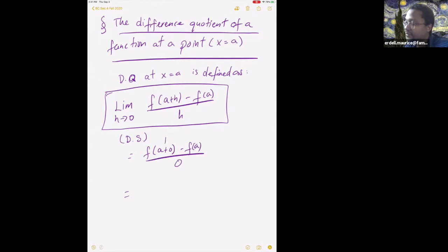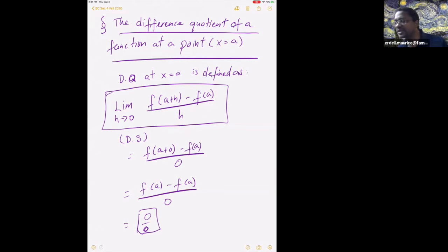And a plus 0 right here is simply a. And of course, this breaks down to 0 over 0. So the difference quotient, just by its definition, is designed to be an indeterminate form.